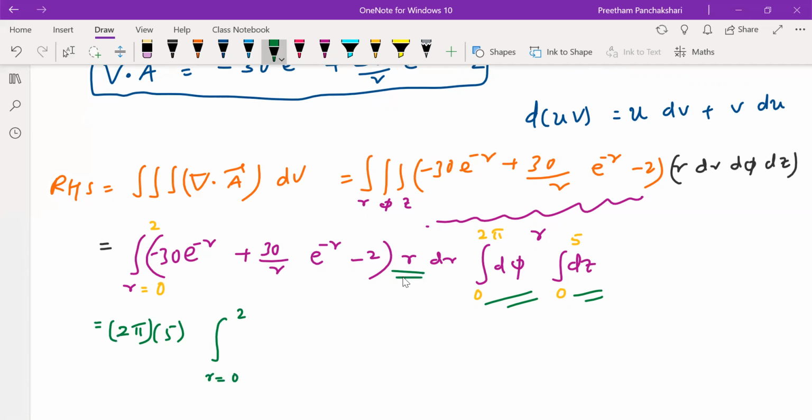Let us multiply with this r throughout. So then we get minus 30 r into e power minus r, plus r cancelled here. We are left with 30 into e power minus r and minus 2r into dr.